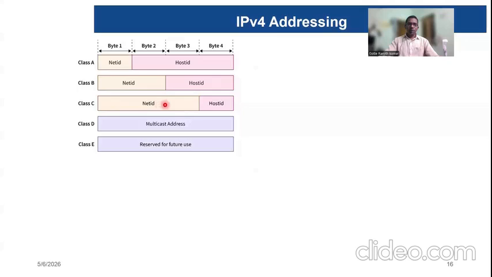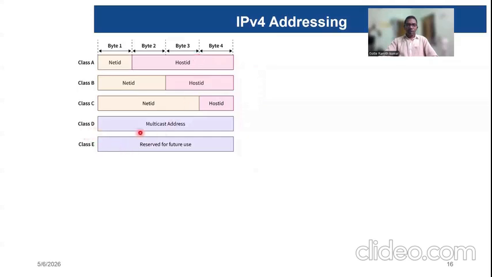The first 3 bytes mean 24 bits, so 2 power 24 networks can be generated, and in each network 2 power 8 systems can be connected. This last byte represents the host ID, only one byte, that is 2 power 8. So this is exactly opposite to class A.